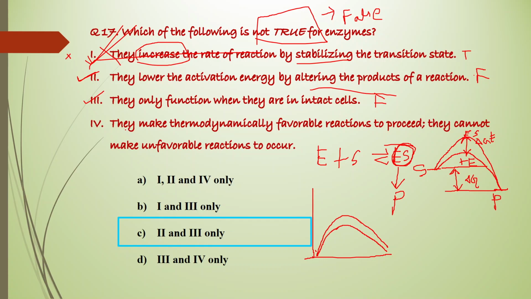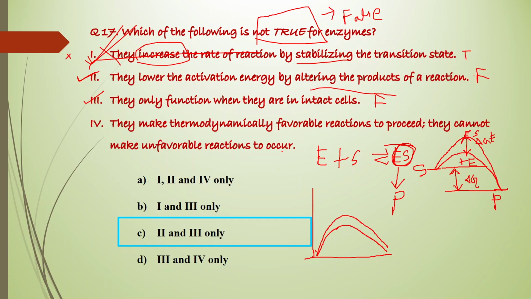Coming to the fourth option, it states they make thermodynamically favorable reactions proceed. They cannot make unfavorable reactions occur. Again, this is the wrong statement. Enzyme is basically a catalyst. Catalysts are known for this, that if a reaction is thermodynamically favorable, they can do it in less time, that is, they are increasing the rate of the reaction.